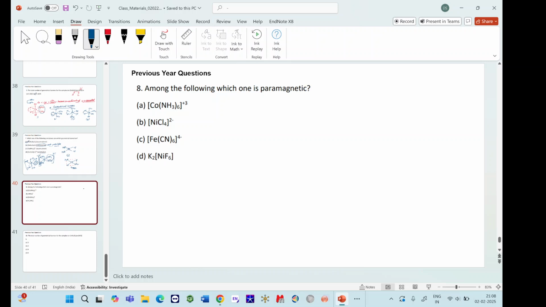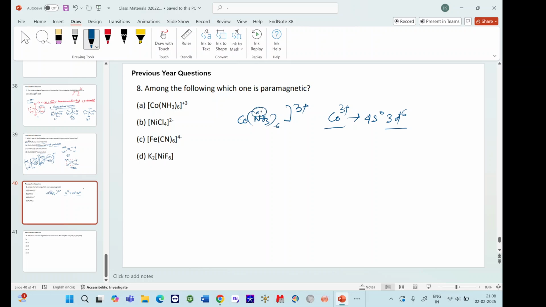Then the next question is, among the following, which one is paramagnetic? So let us see cobalt, NH3 6, 3 plus. This is cobalt 3 plus, d6.